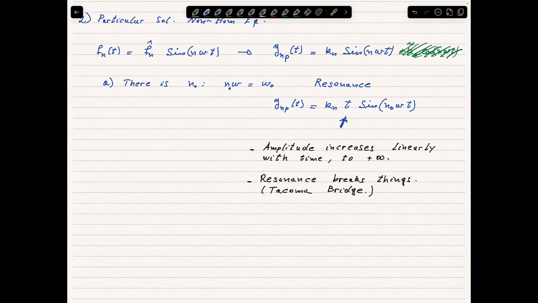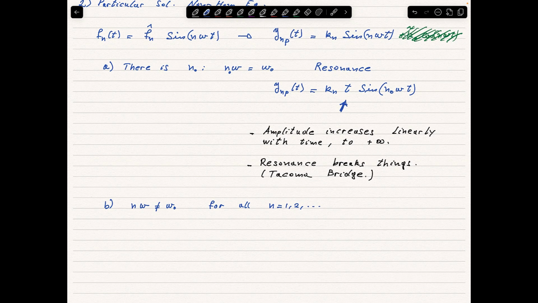and we are in what we call case B, and case B is the case where all the multiples of the driving frequency are different from the natural frequency, for all n equal 1 to infinity. So in that case, we are perfectly fine, y_np, the particular solution, is going to be nothing more than a multiple of the sine of n omega t.